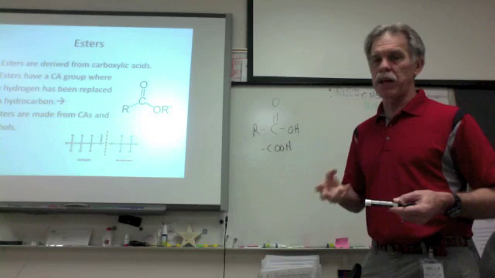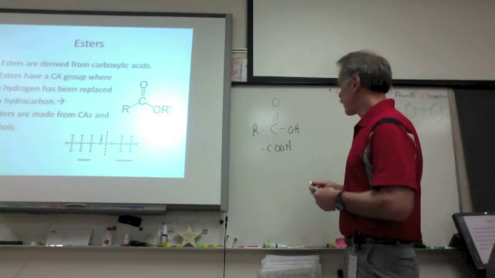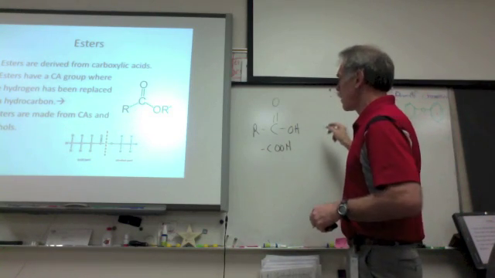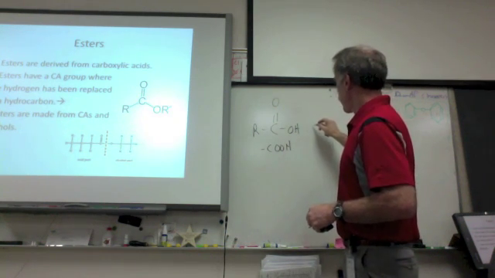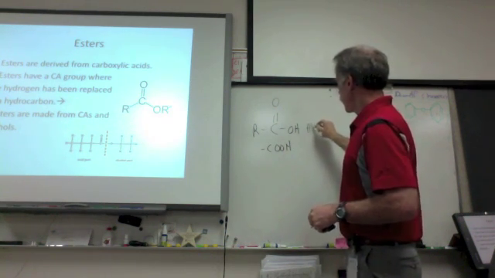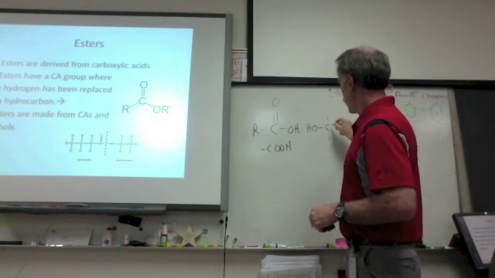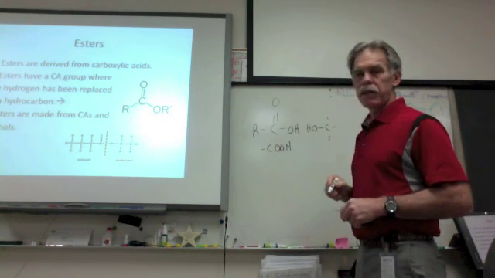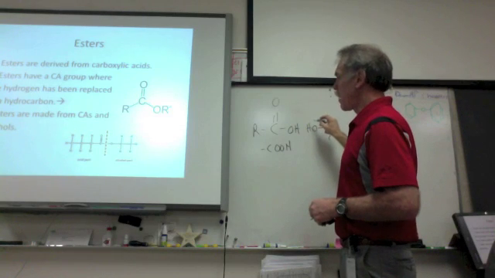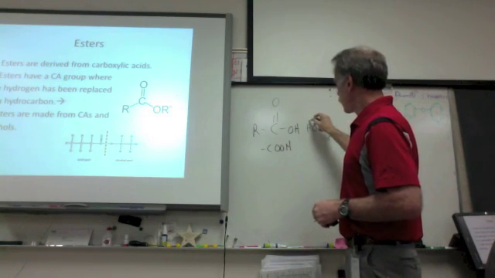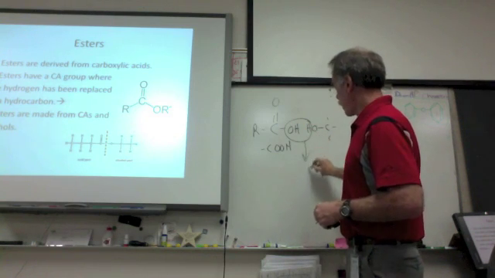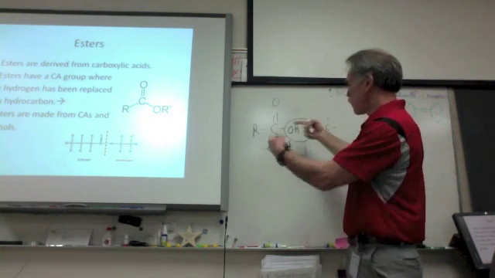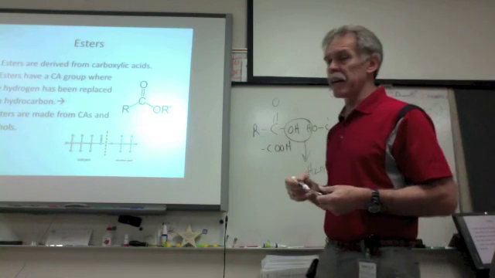So we're going to see the repeating theme over and over about how some of these things are used over and over. So on one side, we have the alcohol, and the alcohol loses an H, and the carboxylic acid loses an OH. Water goes away, and then these two parts come together, and that's how we make an ester.